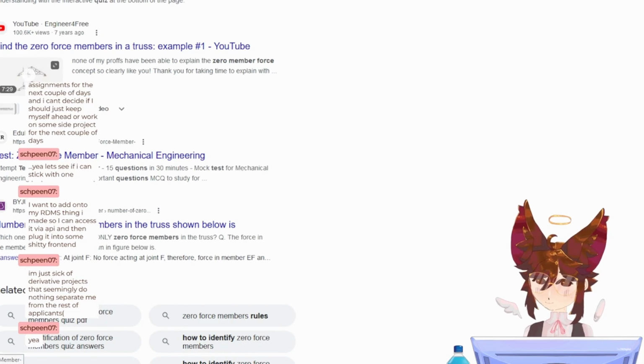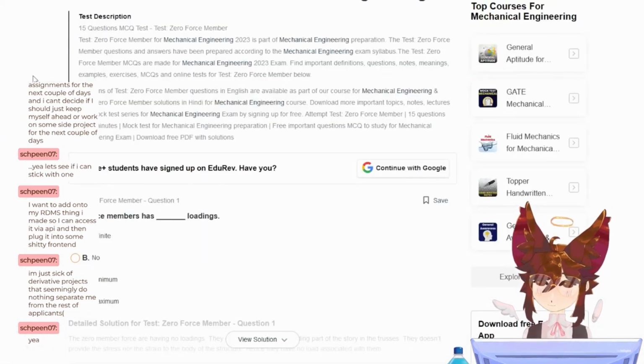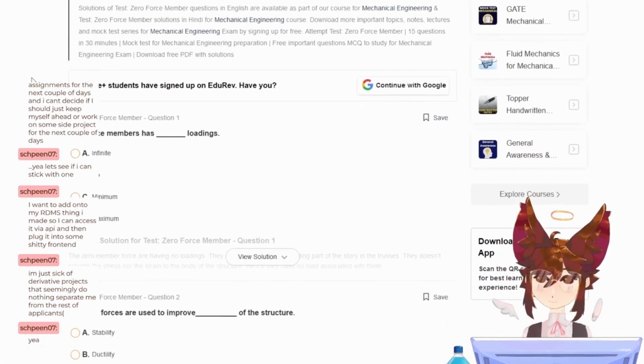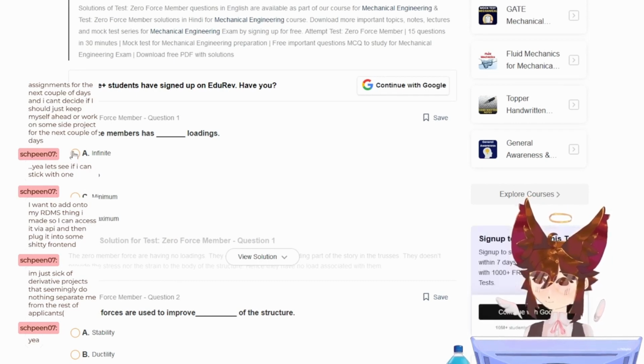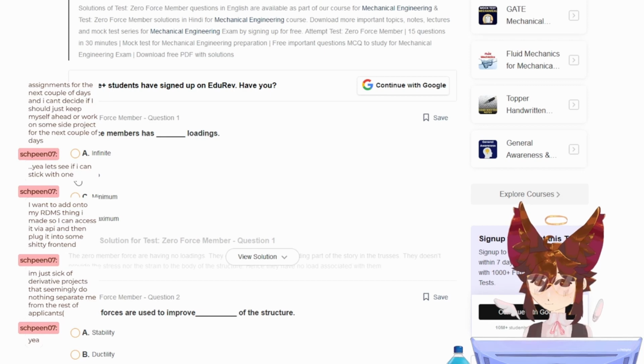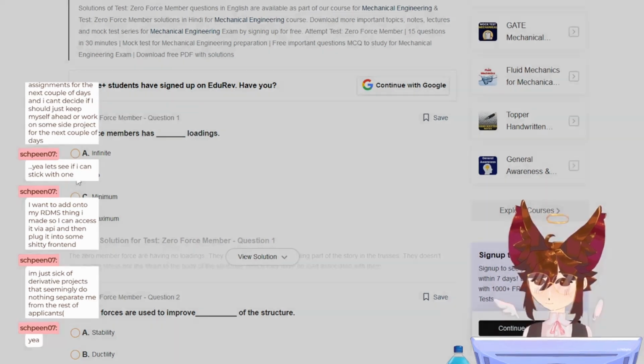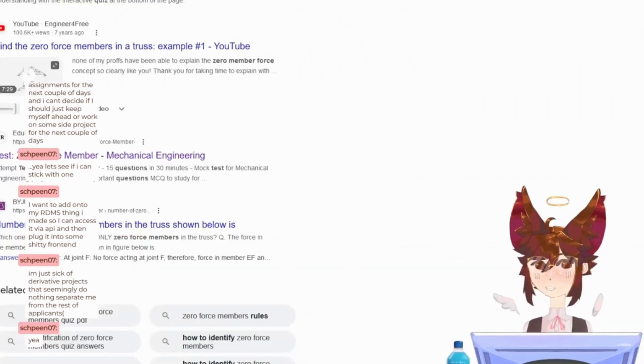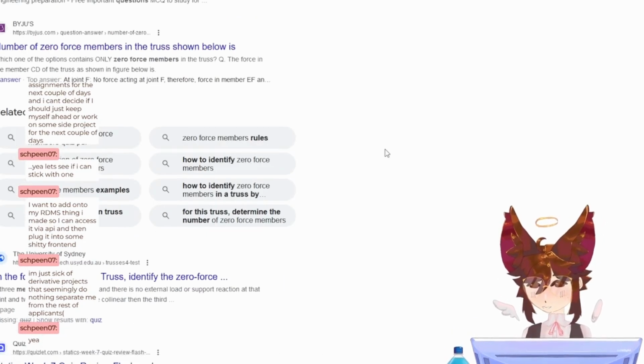Mechanical engineering. Okay, sure. Your force members have blank loadings. What? Infinite loadings? No loadings? Minimum loadings? No loadings? What is this? This is so bad.